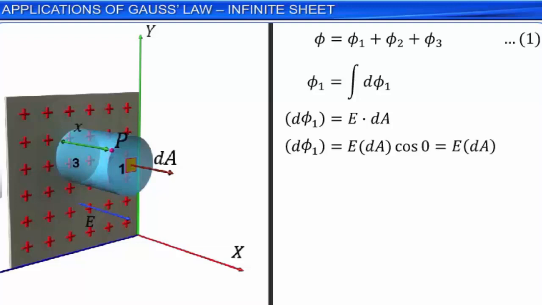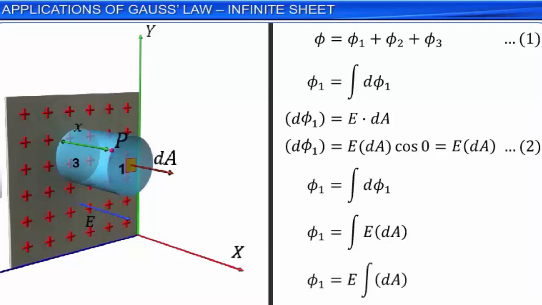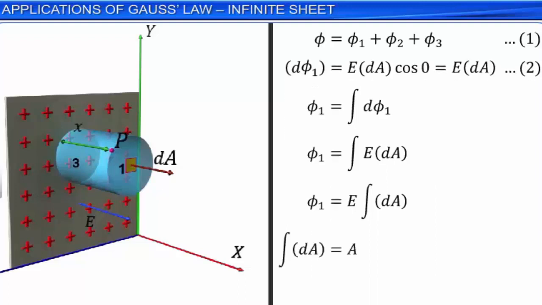It is important to note that E is constant in magnitude for all points on S1. Now, phi1 is equal to integral E dA. Since E is a constant, it is taken out of the integral. Then, phi1 is equal to E into integral dA. Integral dA is equal to A, where A is the area of S1.